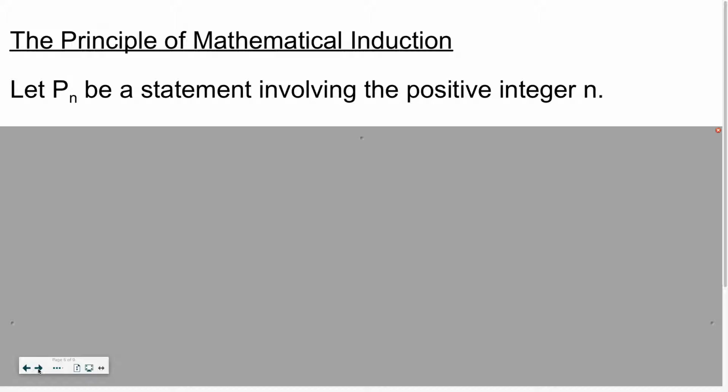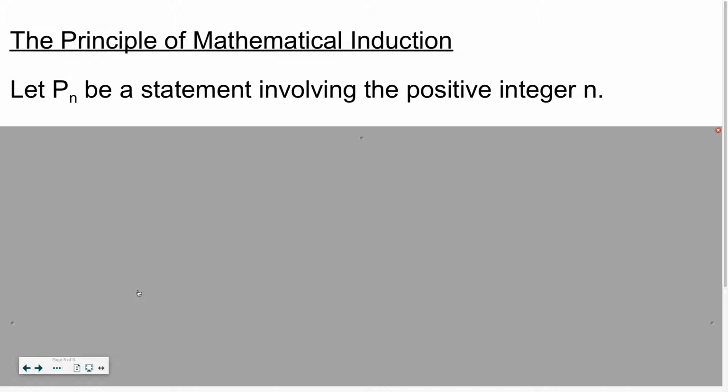Here is the principle of mathematical induction. So how mathematical induction works. This first slide that I'm showing you and having you write down here, this is like the mathematical definition of mathematical induction. Okay, so it's a little bit wordy, and I'll try to put it into easier terms to understand here in a little bit.